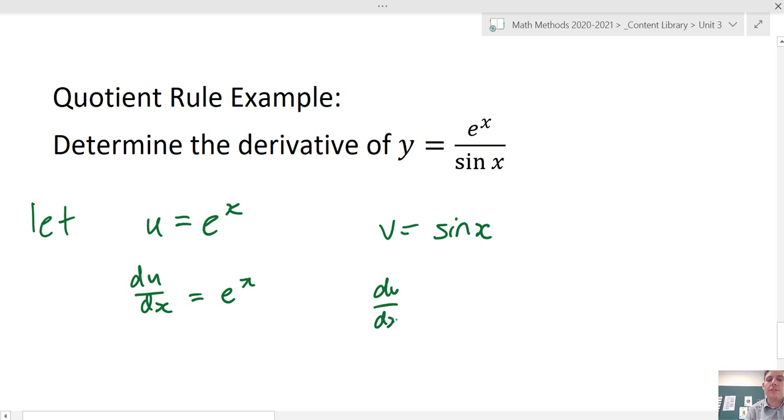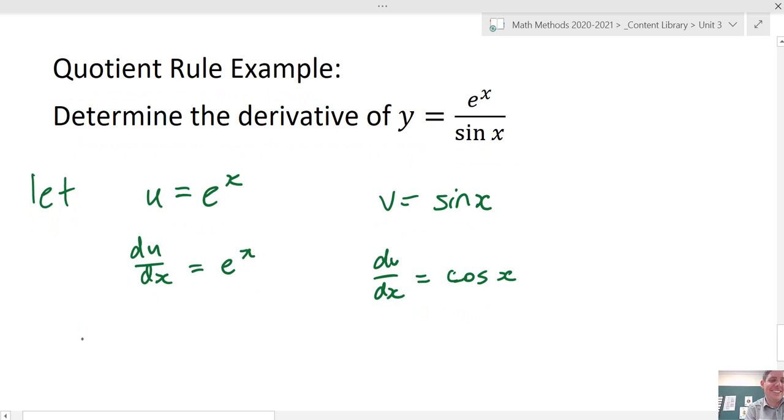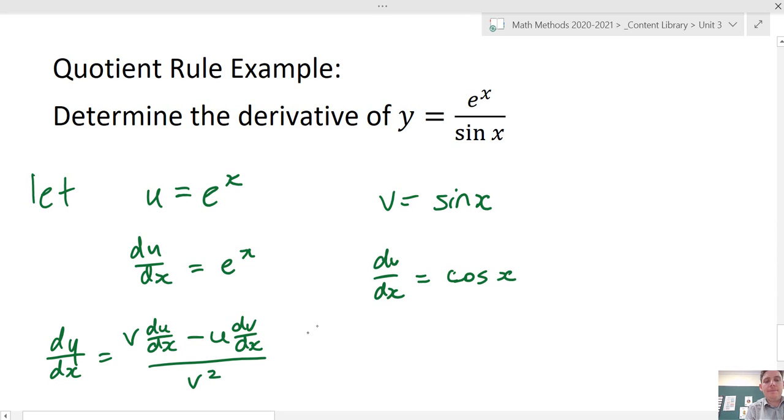That's the general rule. We know the derivative of sine is cos x. So the derivative of y in terms of x is the function v times the derivative of u minus the function u times the derivative of v, divided by v squared.